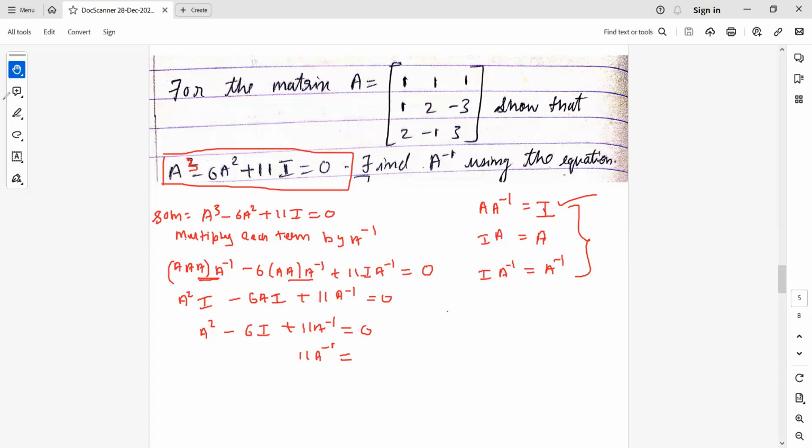Sorry, one mistake we have made here. So see here, this A into I will be equal to A.